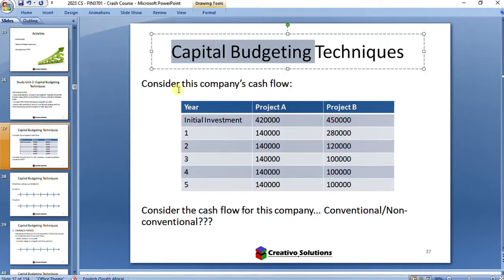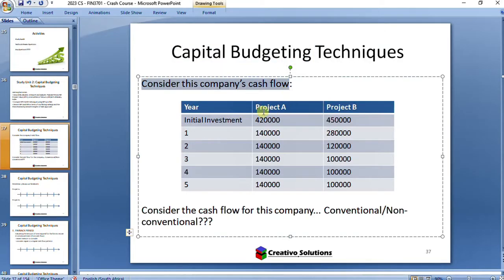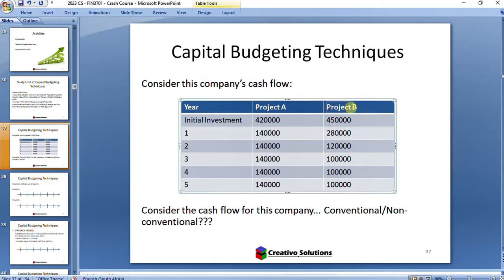Okay, so if I looked at this cash flow, you can see project A and B. Remember, this is basically what we're looking at, but on a very simple example. We're not looking at every single example, calculating all of these. These are actually OCFs, operating cash flows. And the last one would have OCF plus TCF.